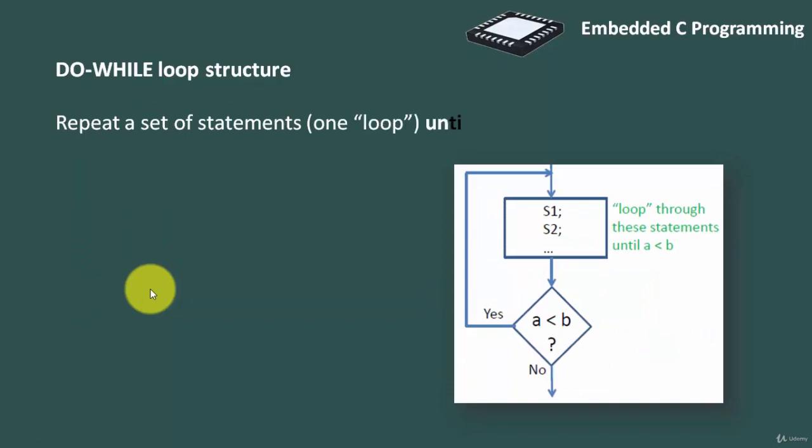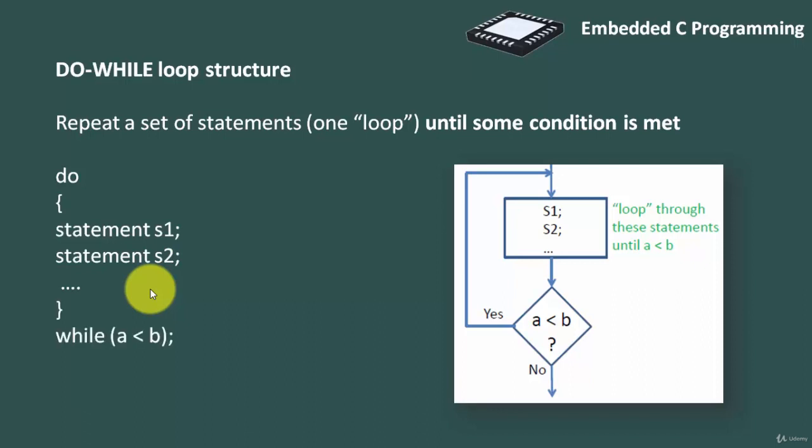Do while loop structure. Here we repeat a set of statements until some condition is met. Here is the example. You can see here, the while condition is tested after the do statement. Since the condition is tested after the execution of the set of statements, the statements are guaranteed to be executed at least once.